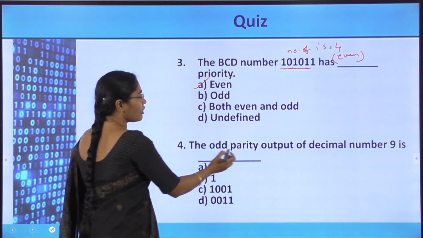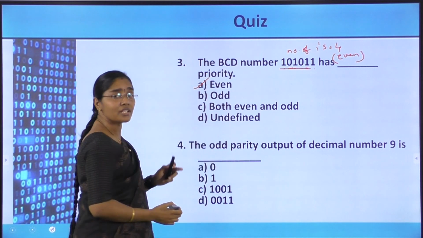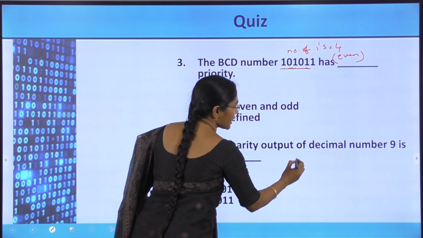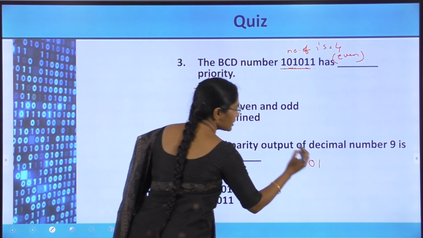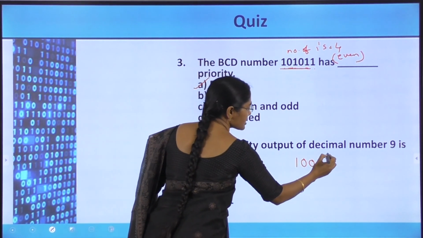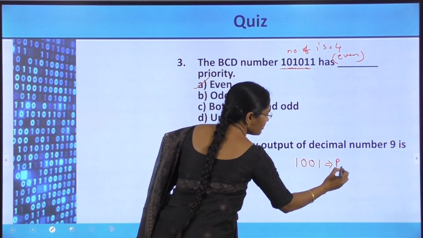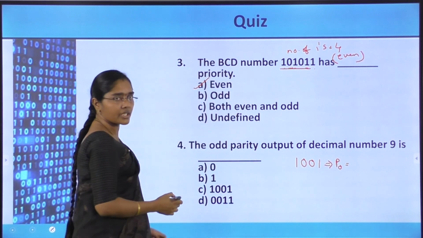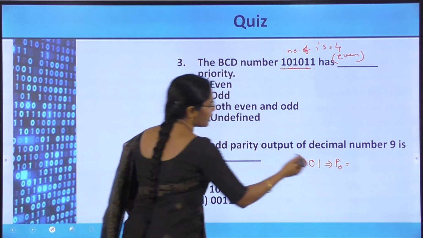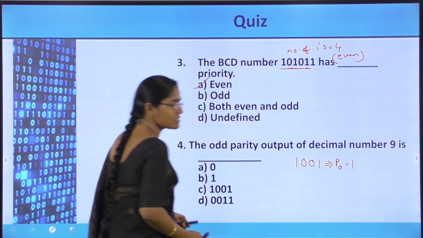Then the odd parity output of decimal number 9. How can decimal 9 be represented in binary? 1001. These are the input bits, and now we need to generate odd parity for this 9. Since 9 consists of an even number of ones, the odd parity generator will give output 1.